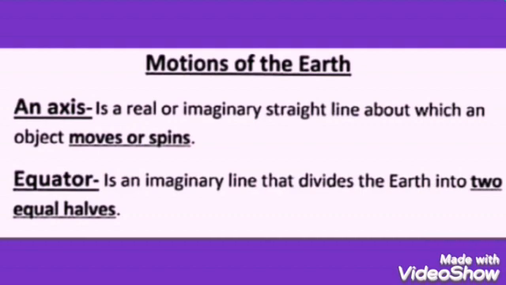Now children, equator. What is equator? Equator is an imaginary line that divides the Earth into two equal halves. The upper half is called the northern hemisphere, and the lower half is called the southern hemisphere.